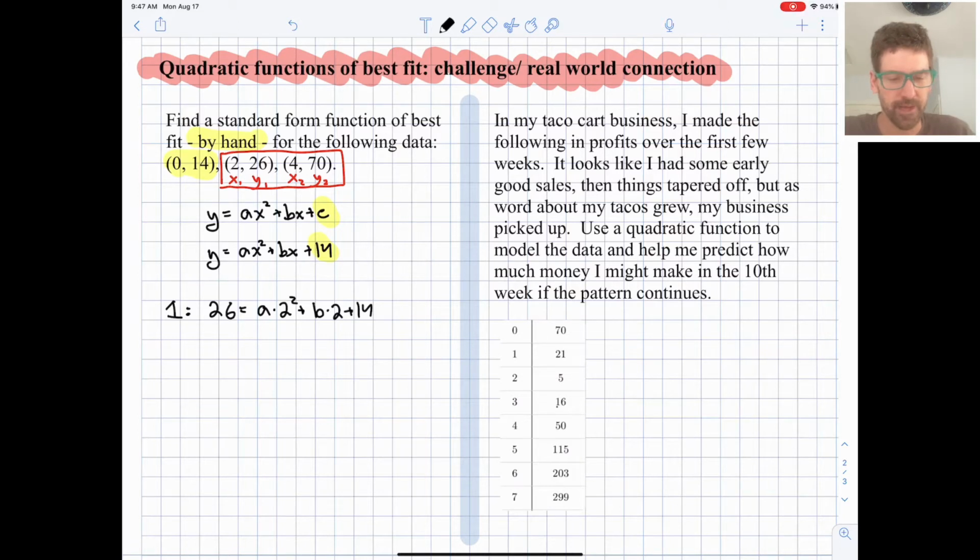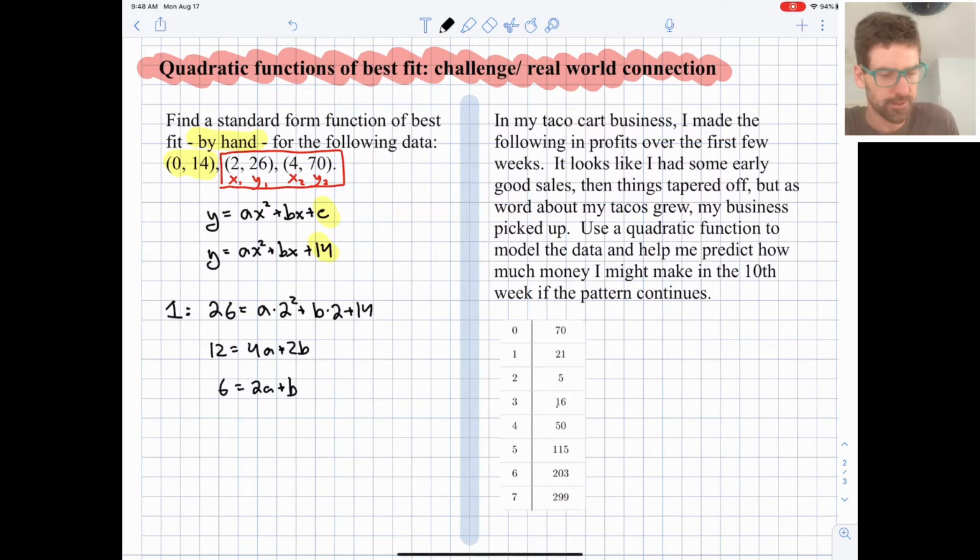Let's simplify that down. Subtract 14 from both sides, and we have 12 equals 4a plus 2b. Let me double check that. That's all looking good. I'm going to divide both sides by 2 right away to simplify even more. So 6 equals 2a plus b.